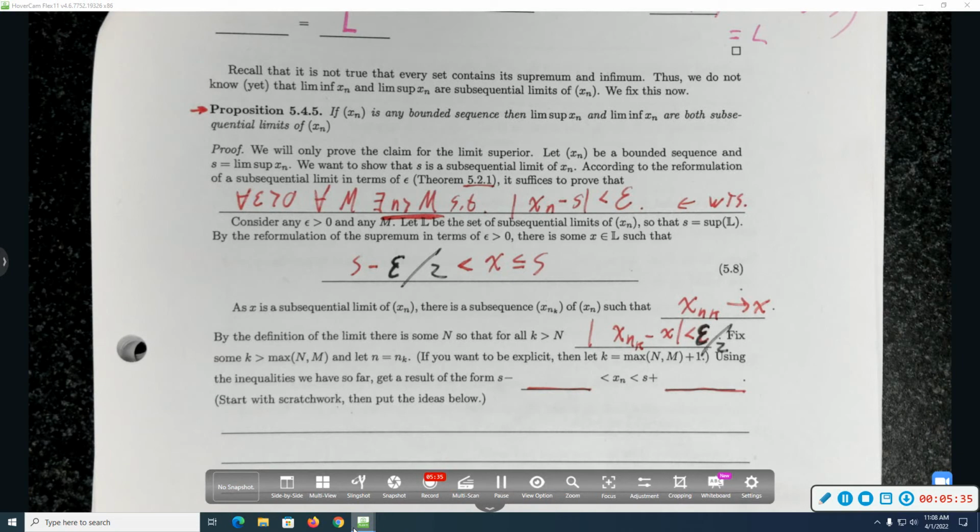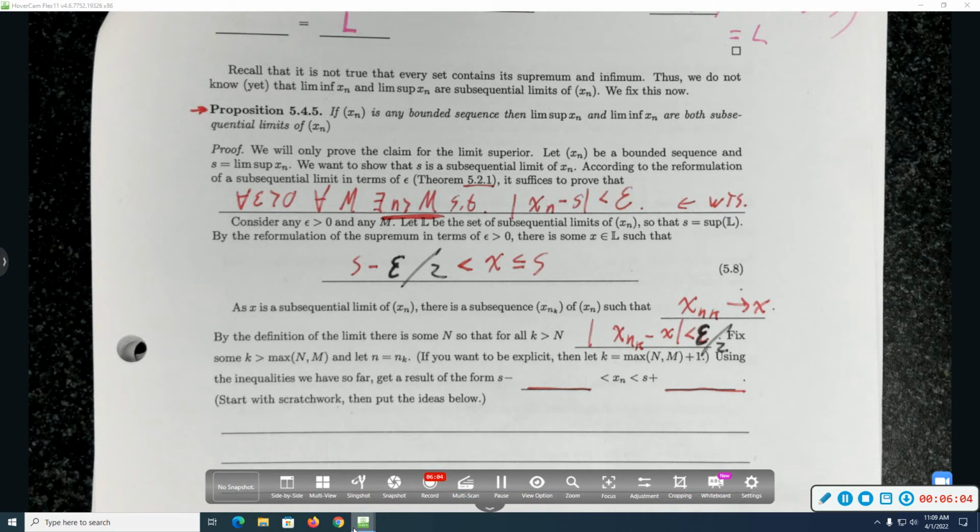X is a subsequential limit, so this same theorem tells me something. By theorem 5.2.1, what can I conclude? Possibly by looking back at the theorem. Yeah, that you can get xn, your whole sequence, to be arbitrarily close to s.